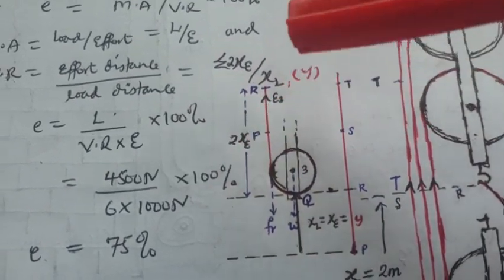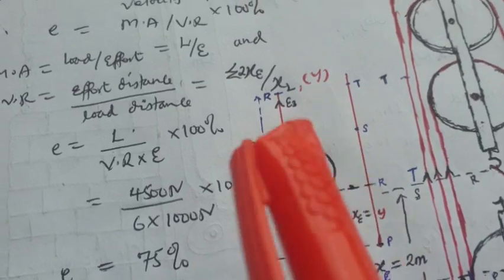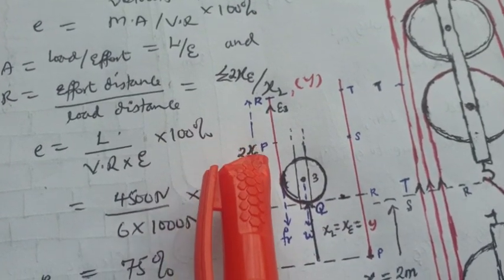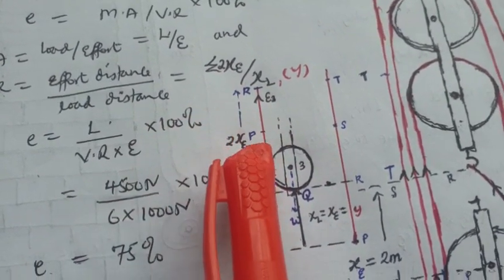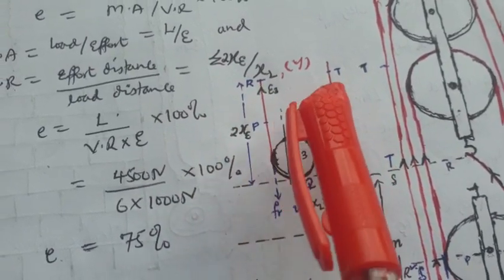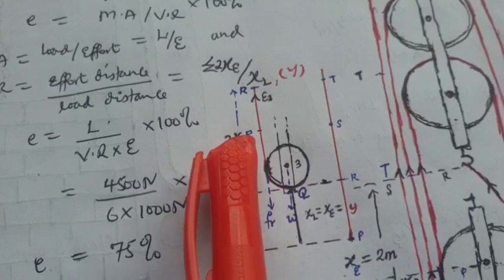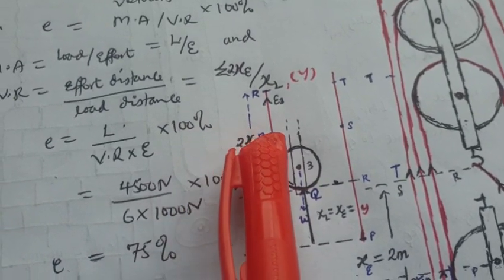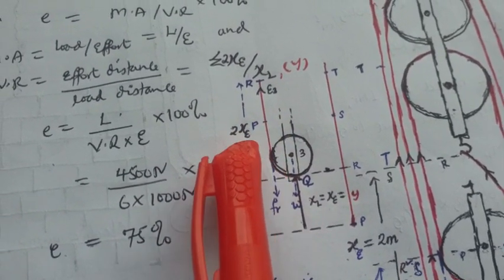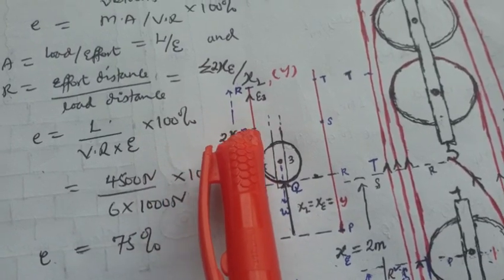Hence the string will move a distance which is twice the distance of the effort. We assign the distance of the effort as the distance of the string because effort is applied on the string, and the distance is now twice the distance of a single string.